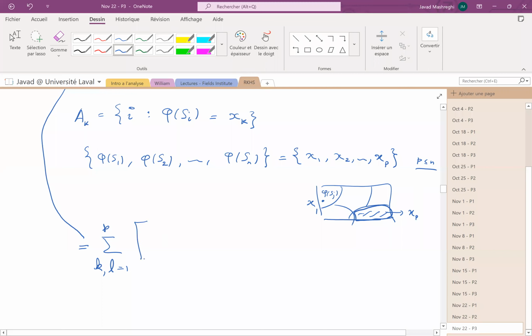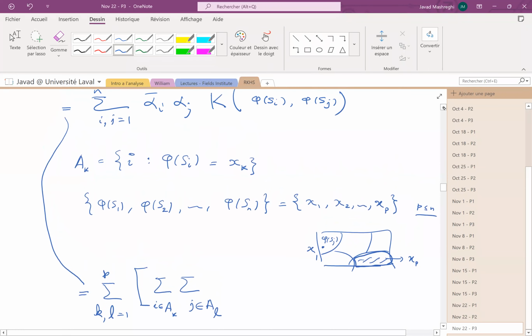And here is the sum where i is in A_k and j is in A_l. That's why thinking of a partition is important. And K evaluated at points phi(si), phi(sj).